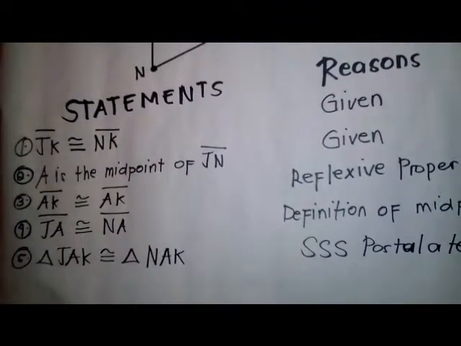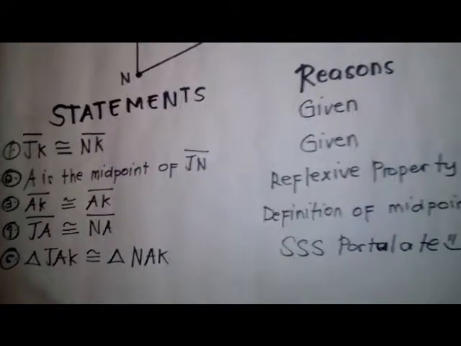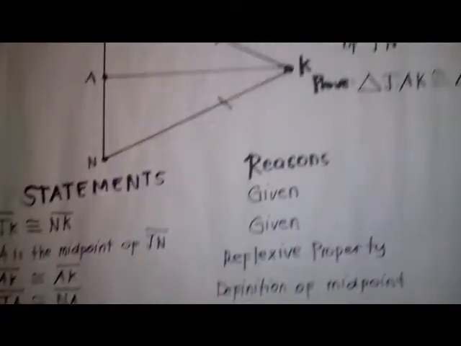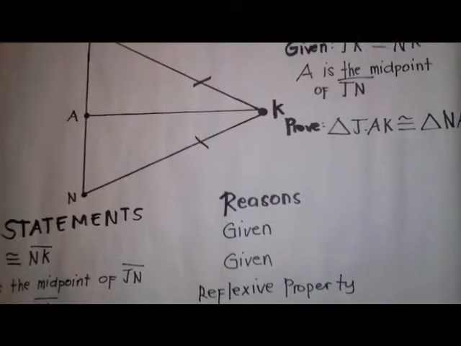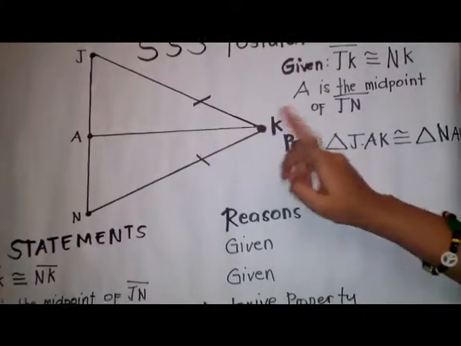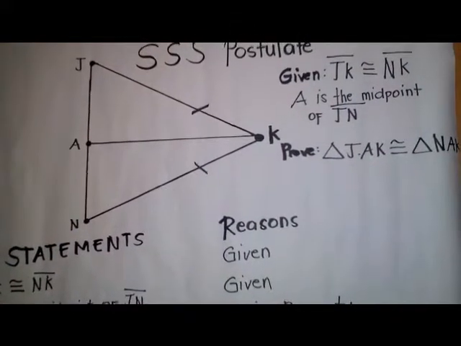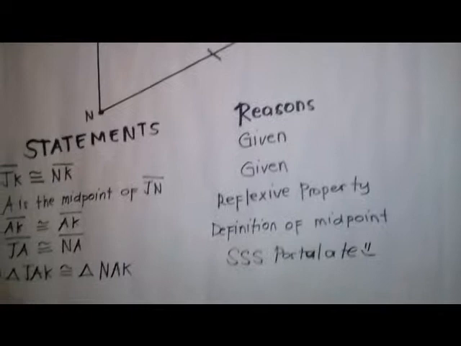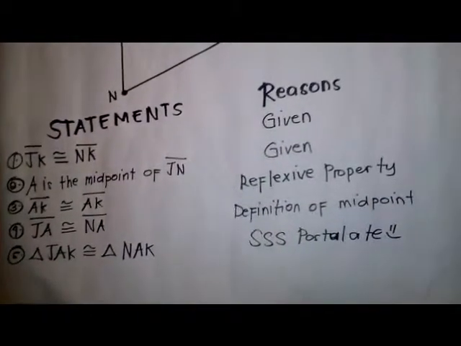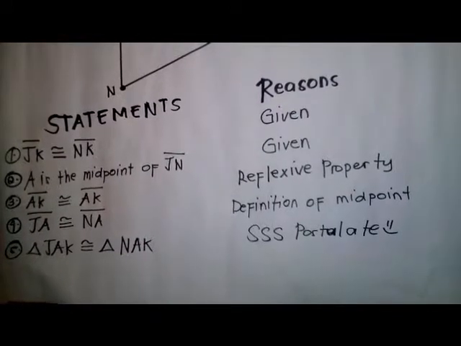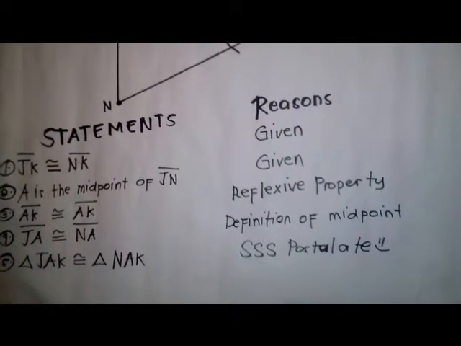We only have one pair of corresponding sides that are equal. However, we can say that AK is equal to itself by the reflexive property, to give two more corresponding sides of the triangles that are congruent. Finally, we must make something of the fact that A is the midpoint of JN.